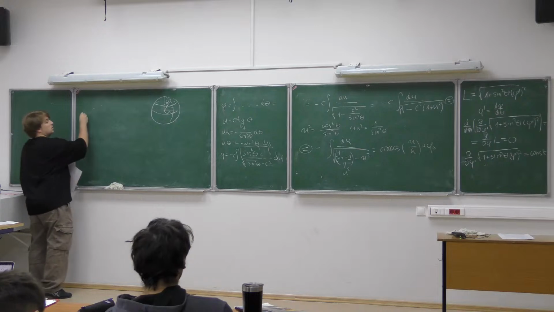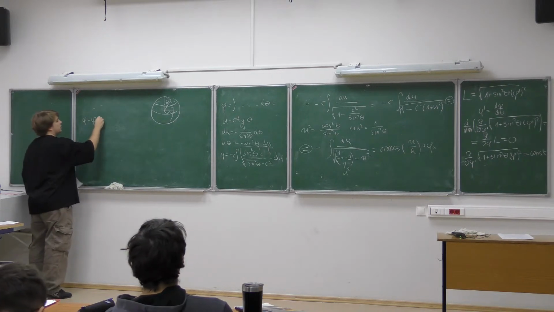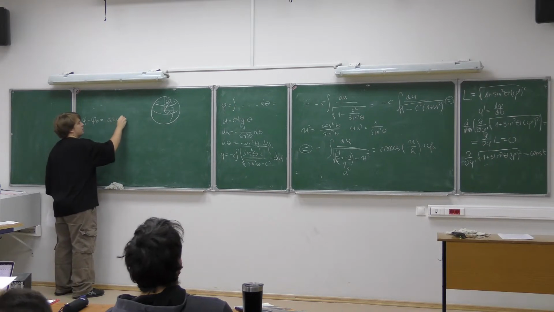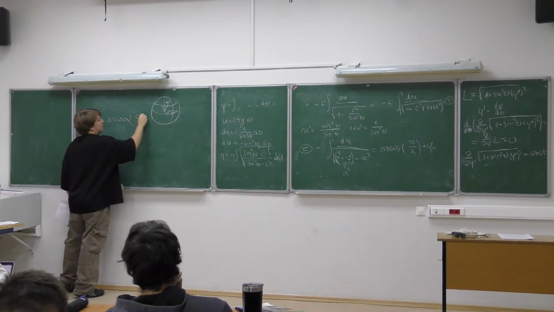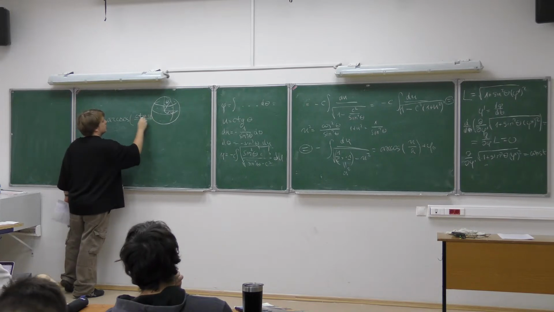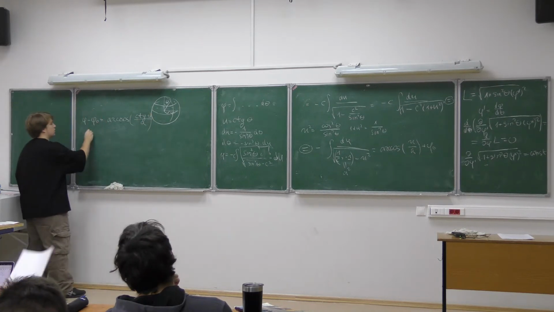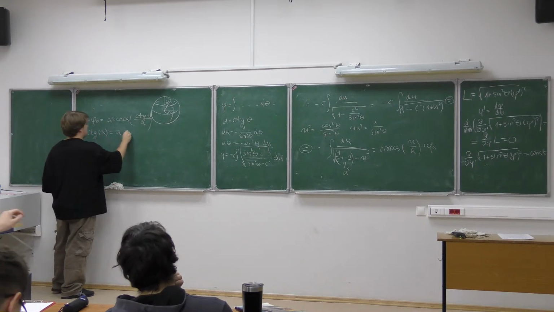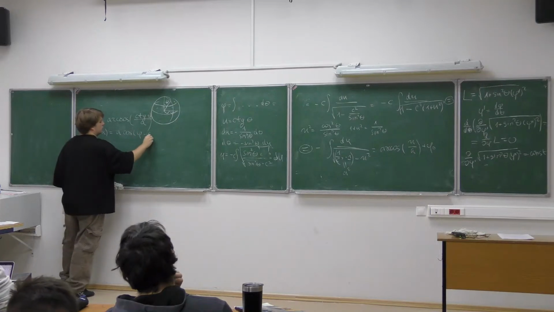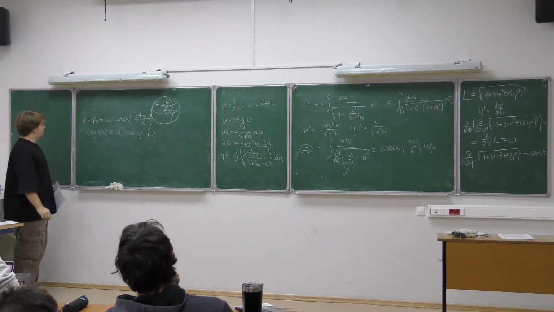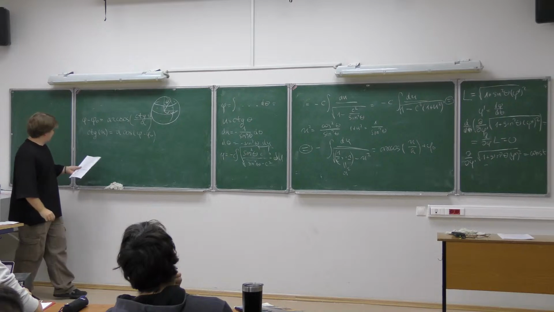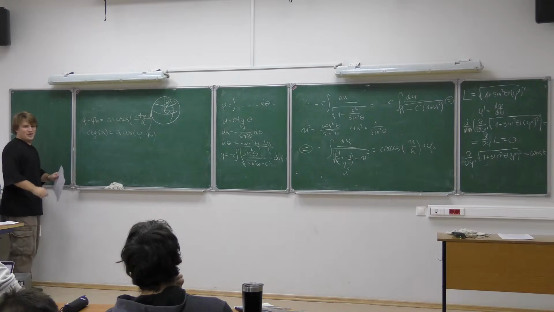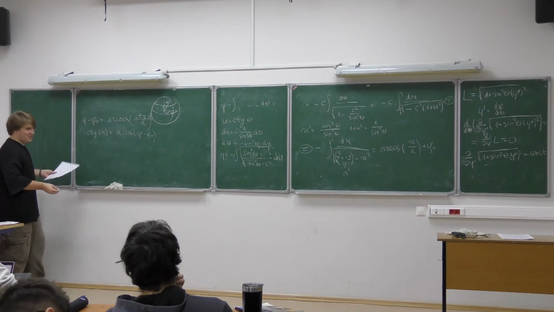So we have phi minus phi naught is minus... And let's understand that this thing is the big circle of the sphere.